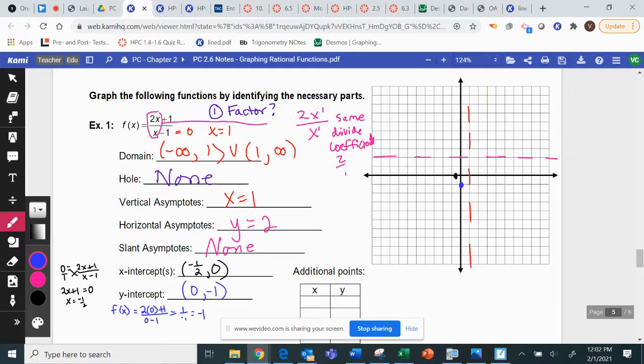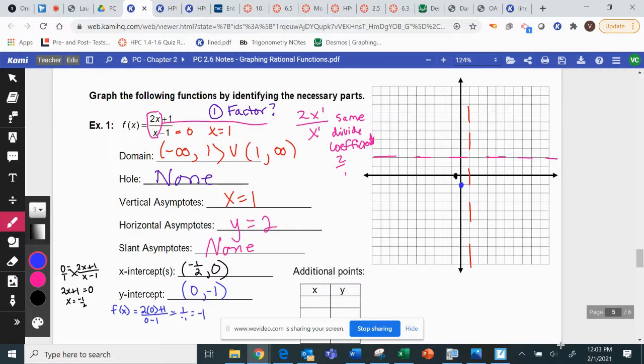So it suggests that I go beyond, like this side of my x-intercept, and it suggests I go on this side of my vertical asymptote. So you always plug x's in. Let's plug in an x that is to the left of -0.5, and one that is to the right of 1. You can plug in whatever you want.